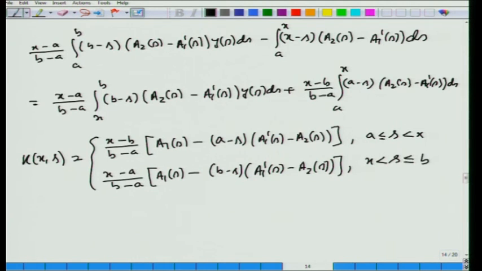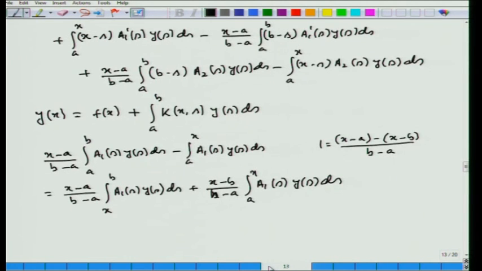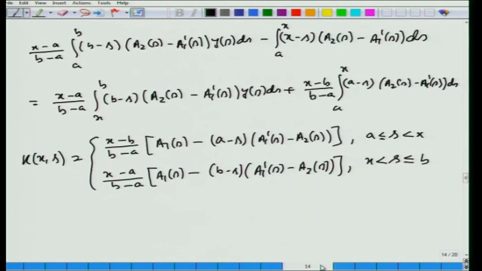And you can check from the previous integral, for the a to x range we have (x minus b) by (b minus a) times a1(s) appearing here, and from this part, that is a to x, it will be (x minus b) by (b minus a) multiplied by (minus (a minus s) times (a1'(s) minus a2(s))).